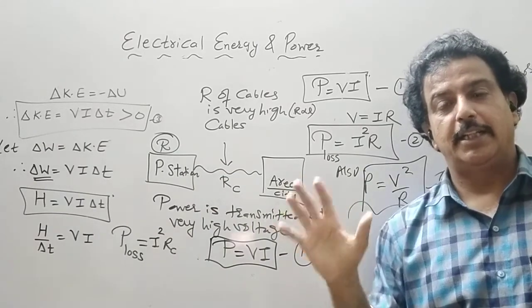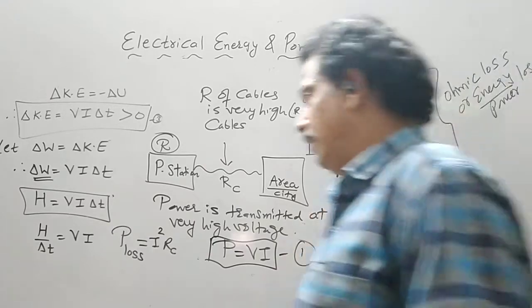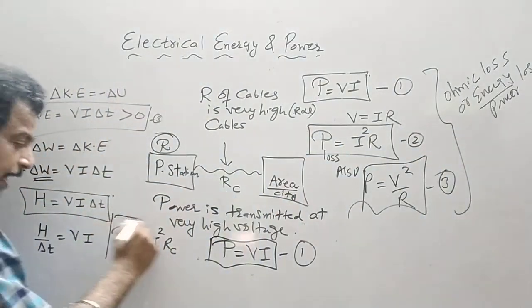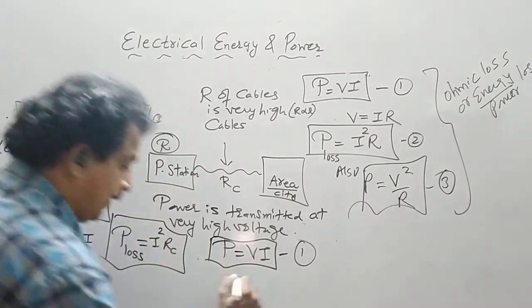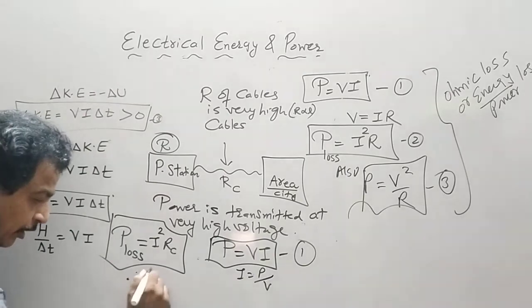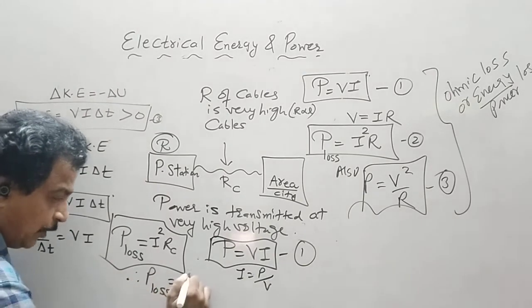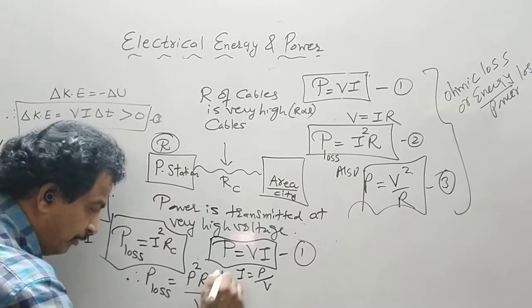Generally, the current is not very high, the power is kept very high. So if the power loss is I square RC, then from this equation I can write I is equal to P upon V, and therefore power loss is equal to P square RC upon V square.